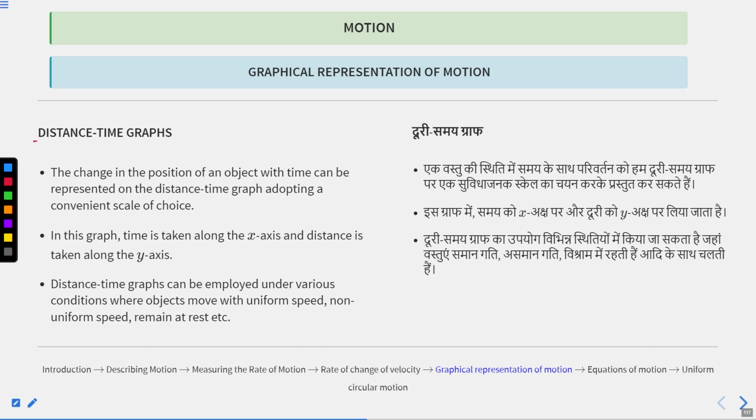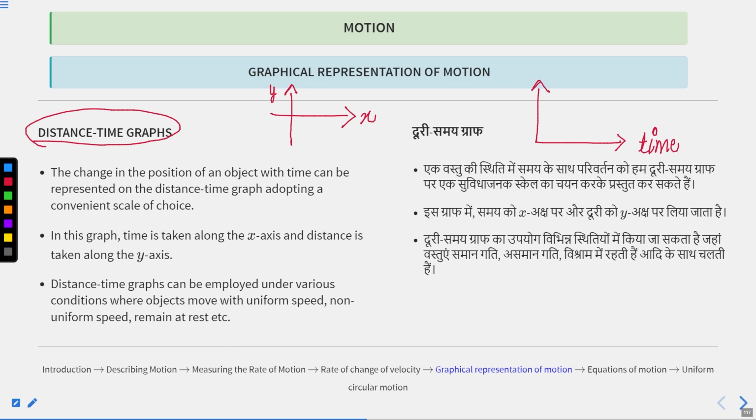Now, we will first study the distance-time graph. In a Cartesian graph, this is the x-axis and this is the y-axis. In a distance-time graph, on the x-axis we generally take time, and on the y-axis we take distance.